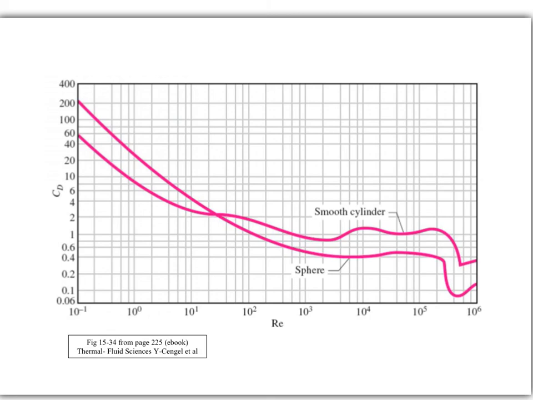In this case, it is reasonable to assume that we have a smooth sphere, but we need the Reynolds number. And to find the Reynolds number, we need to know the velocity, because recall the Reynolds number depends on the velocity.